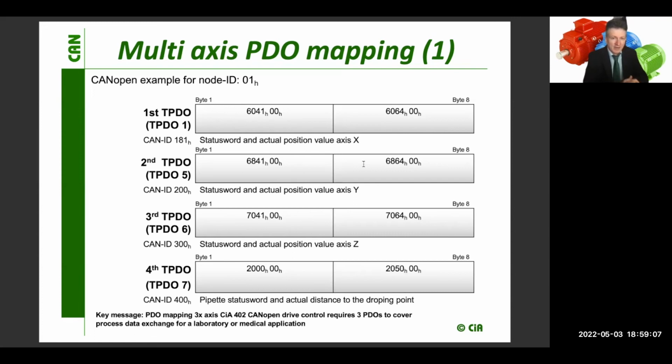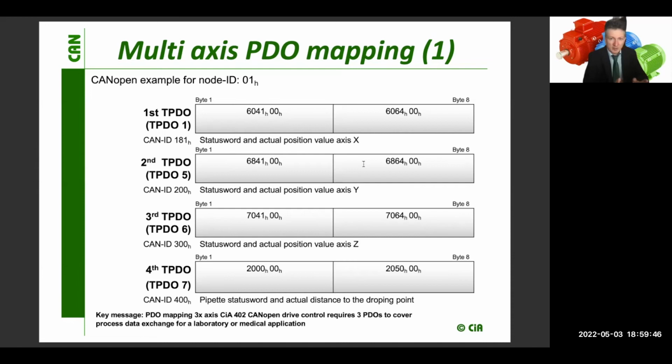Anyway, if we do have logical devices, then in classic CANopen you would still require 4 PDOs for handling all 4 axes. Considering I submit, for example, a status value and target position, the first PDO provides this for the X axis.